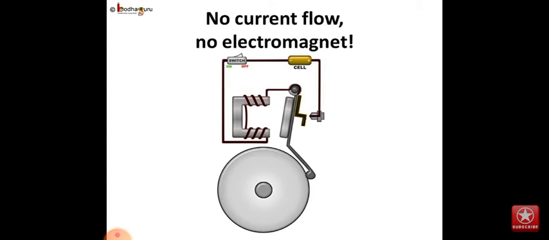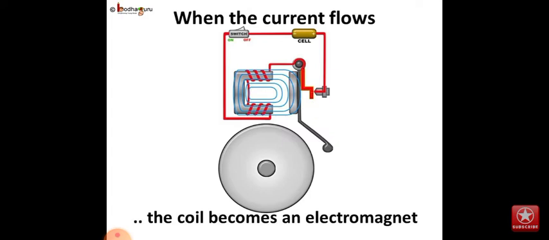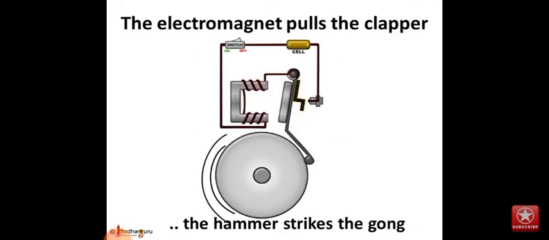If there is no current flow, then no electromagnet is there. No magnetic field, no electromagnet, then the connection between them is made again. The coil becomes an electromagnet, and again the hammer strikes the gong.